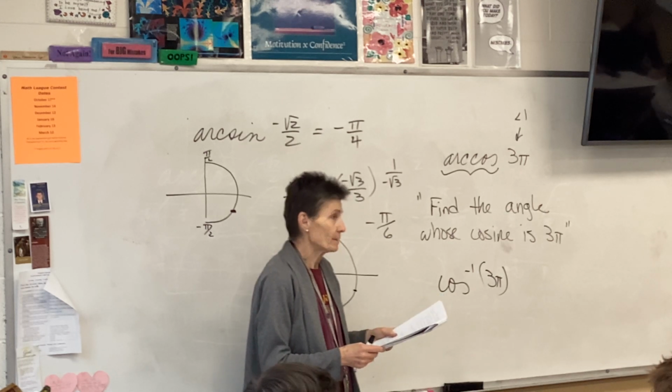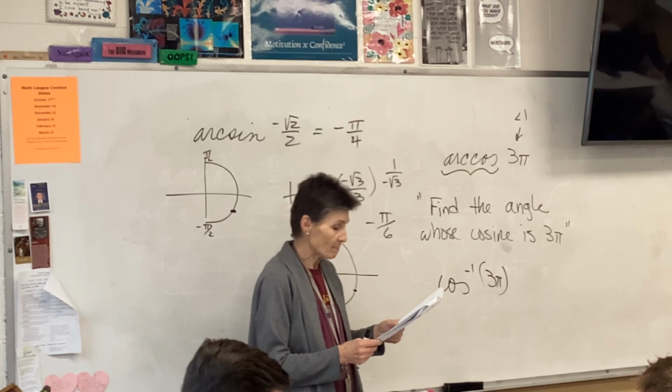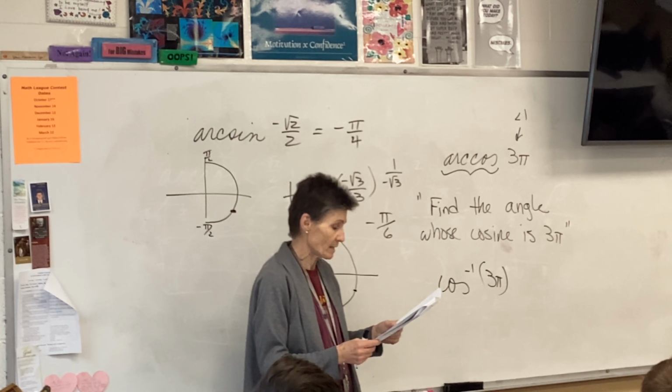Number 2, now we're going to find out if you have been paying attention or not. Determine if each statement is true or false and give the reason for your answer.